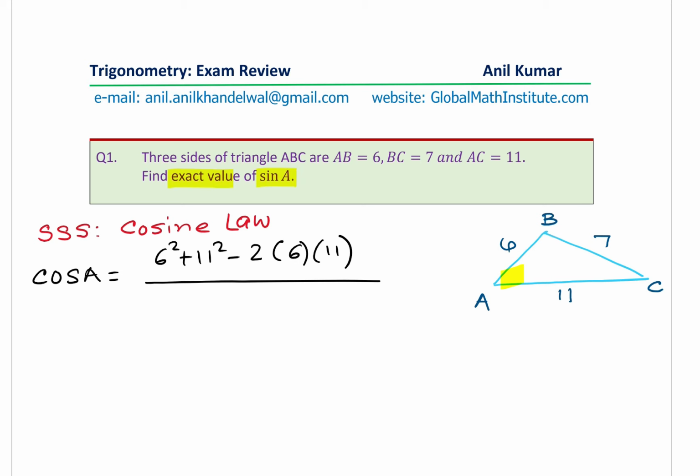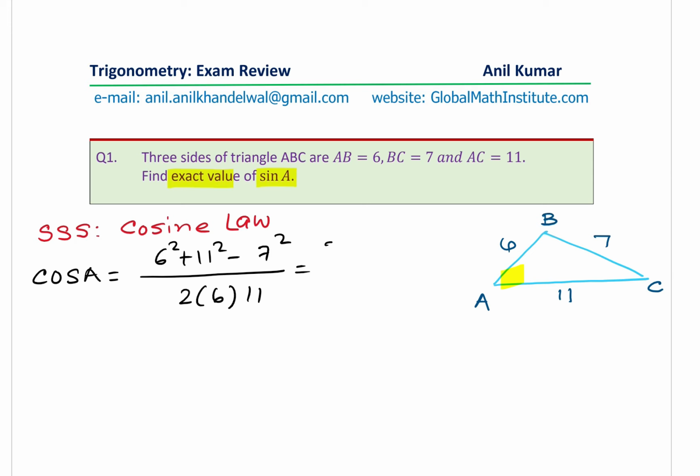So that becomes the value for cos A. We can do our calculation. 6 squared is 36 plus 121 for 11 squared, minus 49, over, let's keep it as such, 2 times 6 times 11, since some numbers can be cancelled.